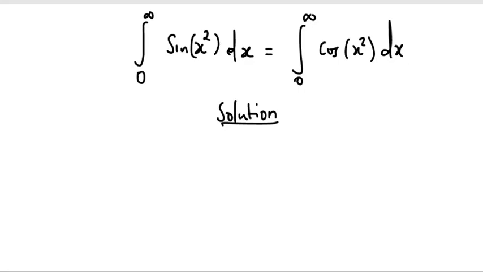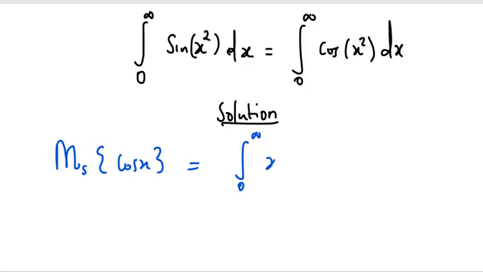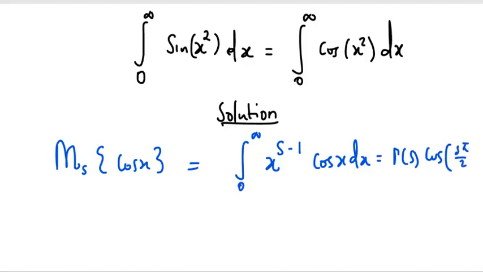It's very nice. So let us recall that the Mellin transform of the cosine of x is the integral from 0 to infinity of x raised to the power of s minus 1, multiplied with the cosine of x dx, and this is equal to gamma of s, multiplied with the cosine of s pi over 2.